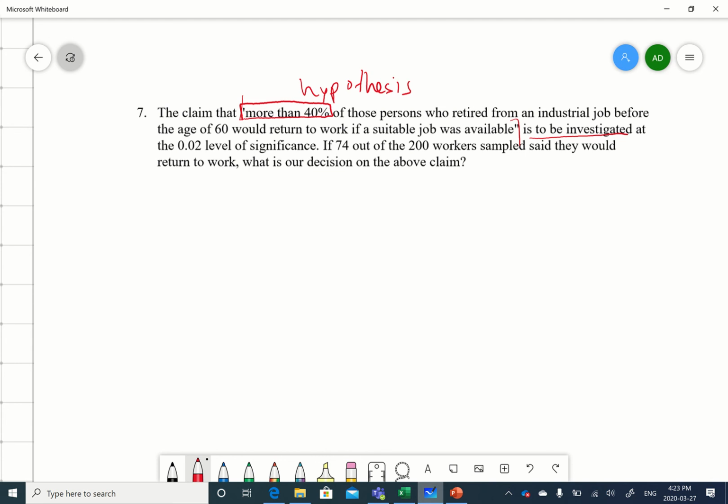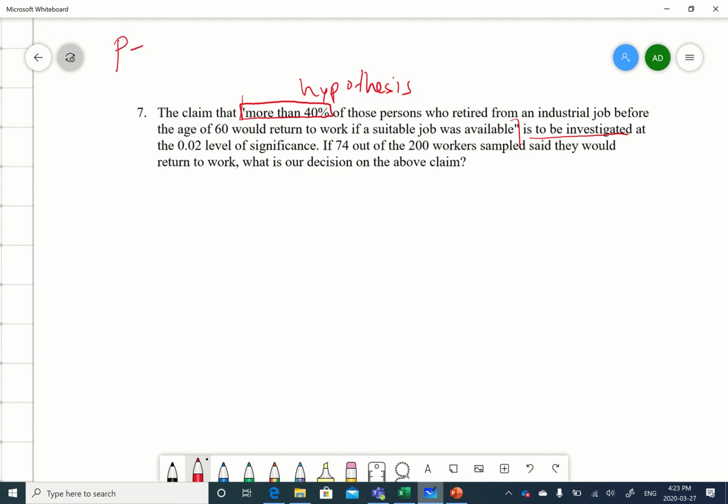For a question about proportion, you have a sample proportion: out of this many, this number belongs to the category we are interested in. Or else in the hypothesis you will see a proportion, like here you see 40%. So this is a question about proportion.